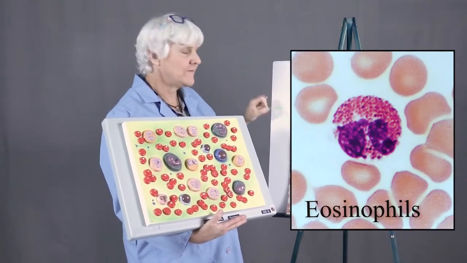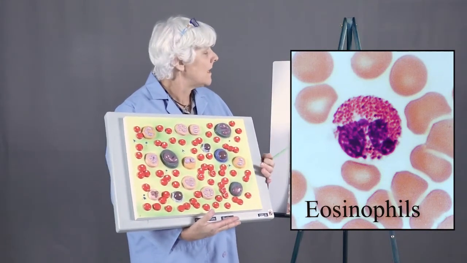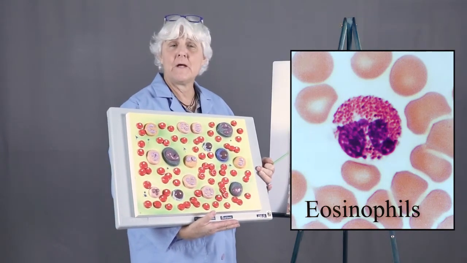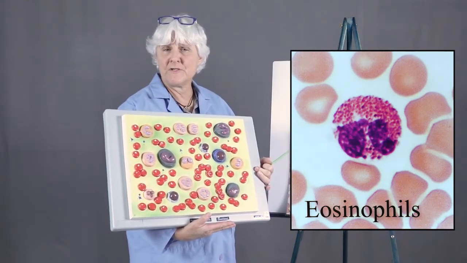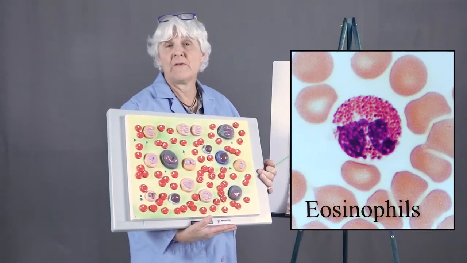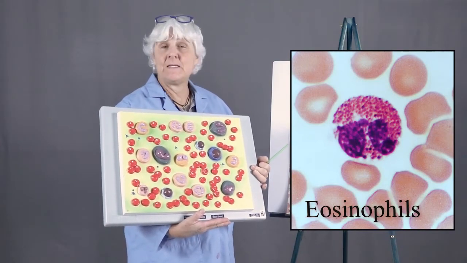Eosinophils are also granulocytes, and they are also phagocytes. But they like to phagocytize antigen-antibody complexes, such as during allergies or perhaps autoimmune diseases, or parasitic worms. So those are the things they like to eat the most.